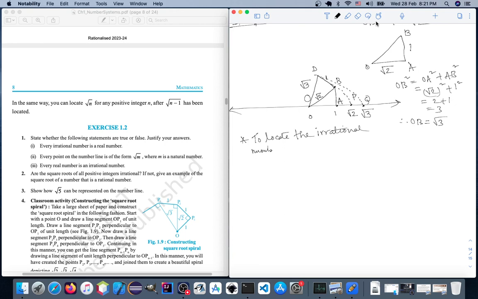So root n is irrational only when n is not a perfect square of another number.